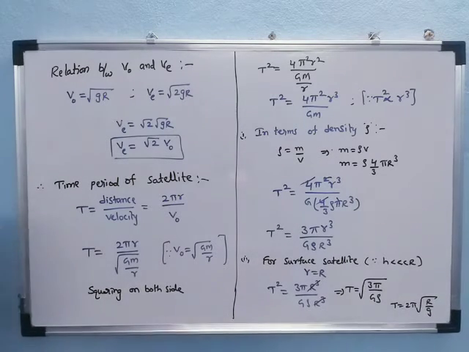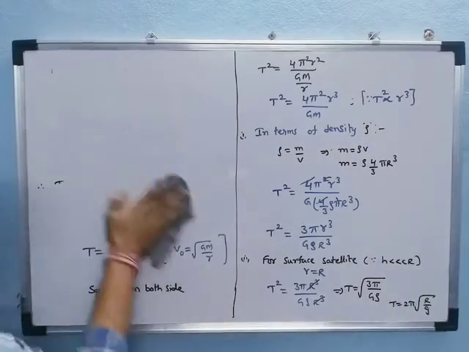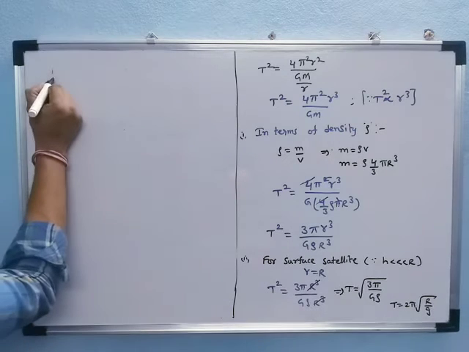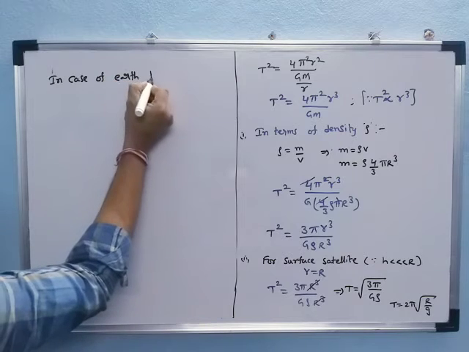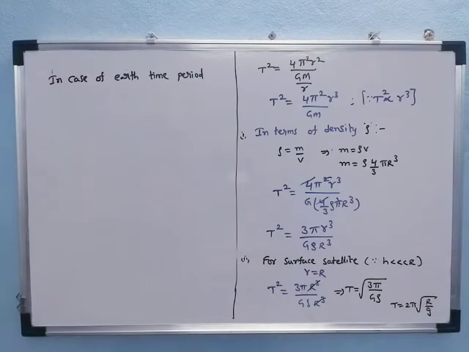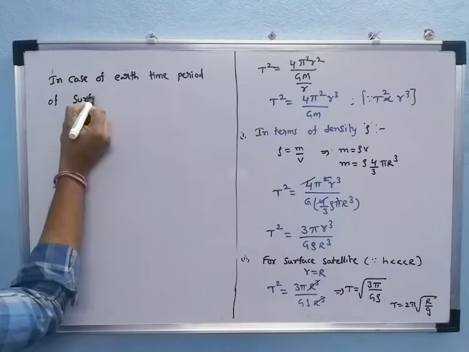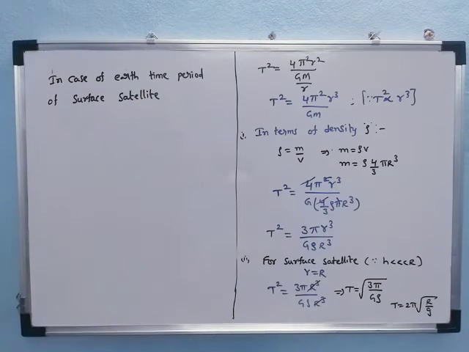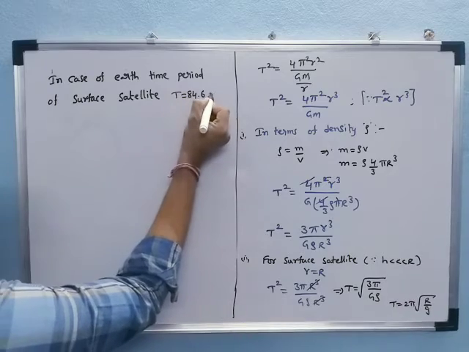Now here is one important point. In the case of the earth, the time period of a surface satellite is T equal to 84.6 minutes.